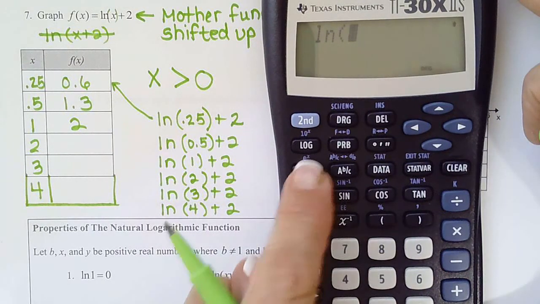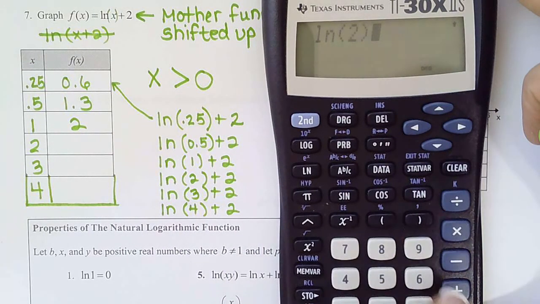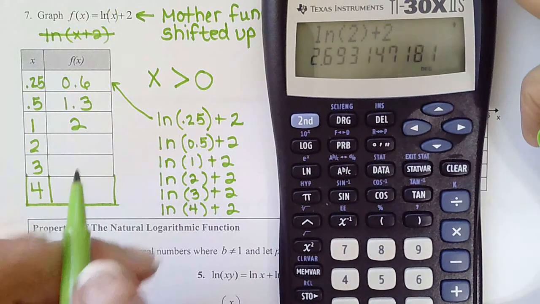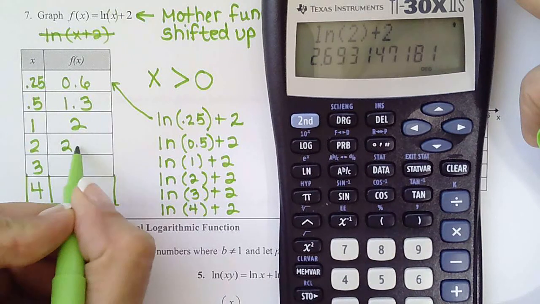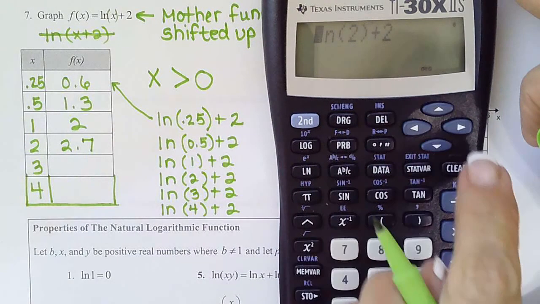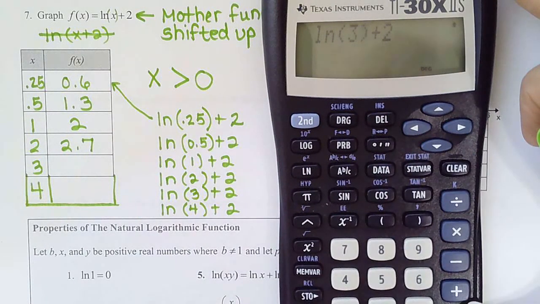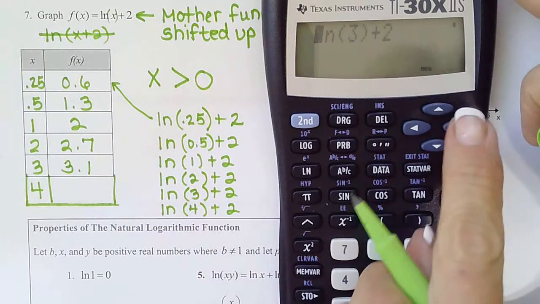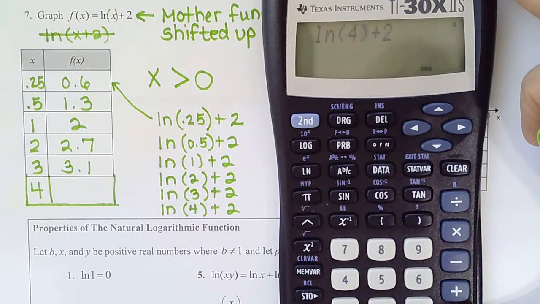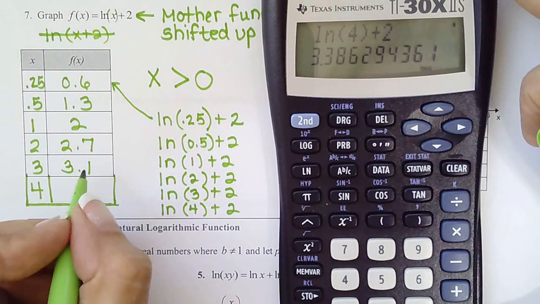ln 2 plus 2 is 2.7. And let's just use our up arrow for the next one. 3, that would be 3.1. And then up arrow again and make that 4. And that would be 3.4.